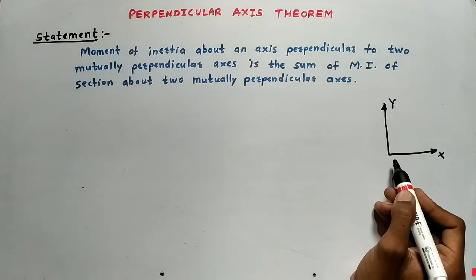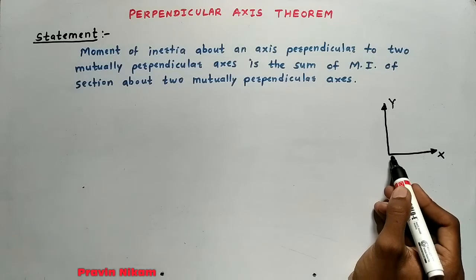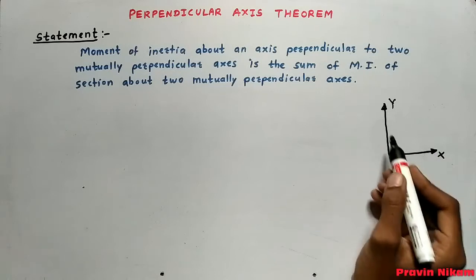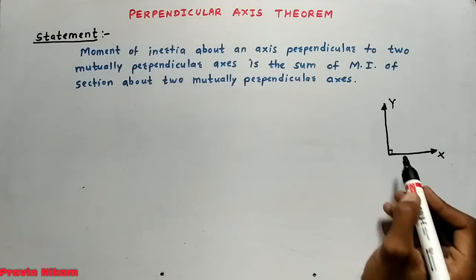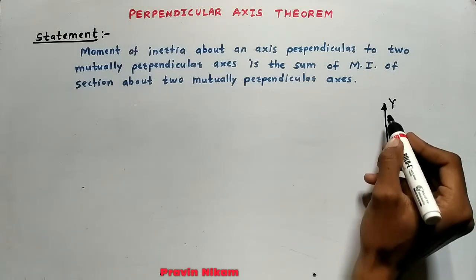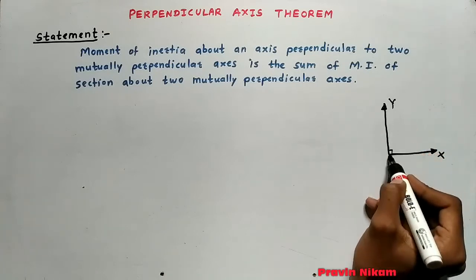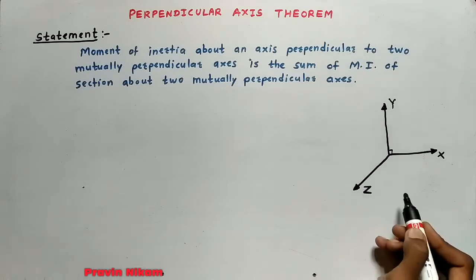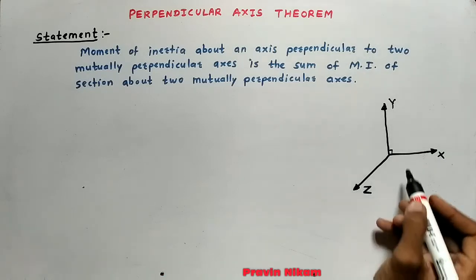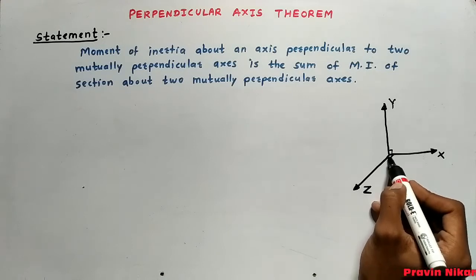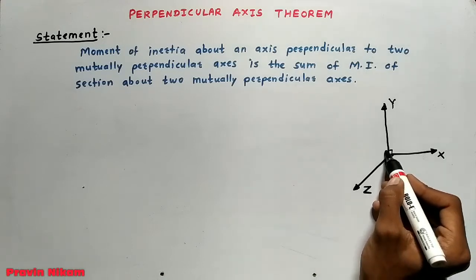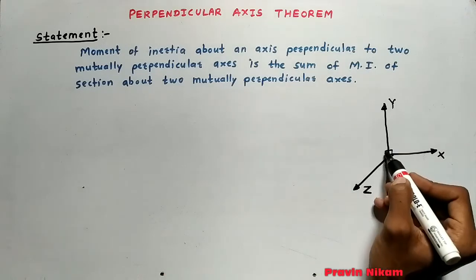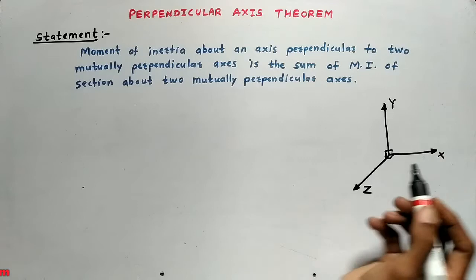These two axes are mutually perpendicular to each other. Now the third axis is also perpendicular to both mutually perpendicular axes. So this is z-axis. This is also perpendicular to x-axis and also perpendicular to y-axis.